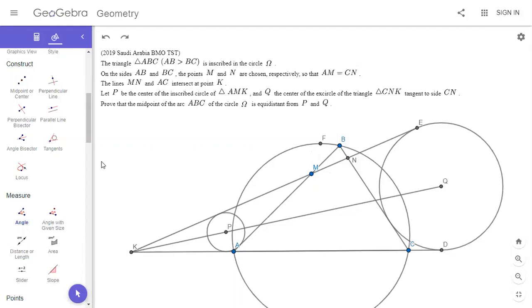But yeah, it feels like there's got to be some congruent triangles. So AM is equal to NC, FM is equal to FN, and we need to show FP is equal to FQ. So it almost feels like there has to be some congruent triangles somewhere.